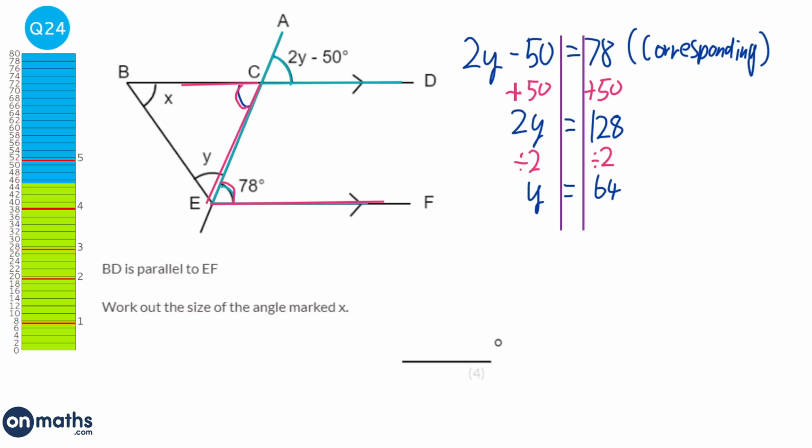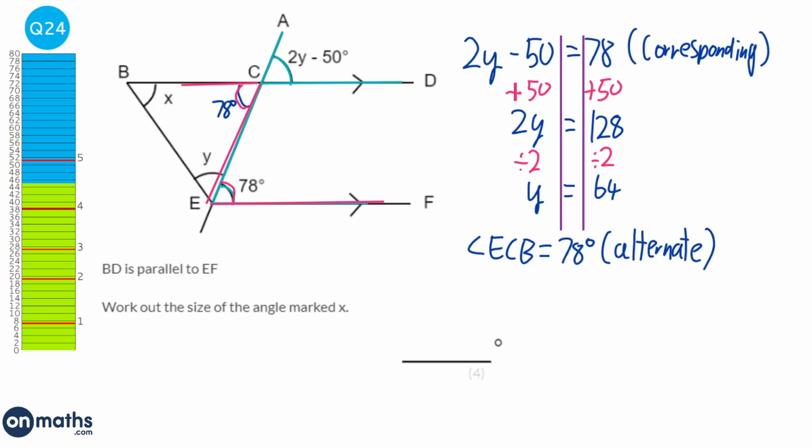So I can write that down here. So angle ECB is equal to 78 degrees. So this will be 78 degrees. And the reason for that is alternate angles.